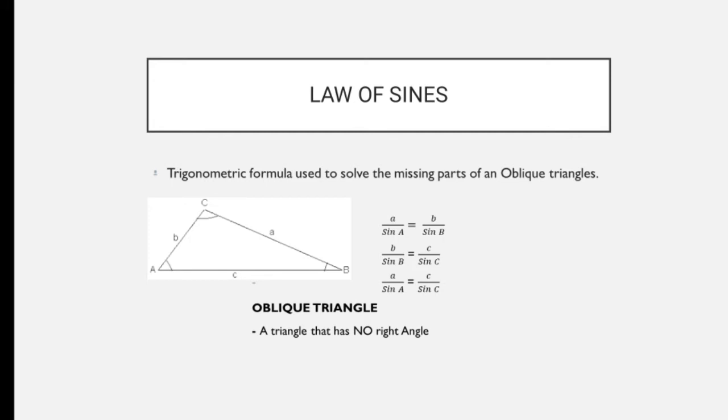So when we say law of sines, this is the formula in trigonometry that we can use to find the missing side of the triangle, even though the triangle is not a right triangle. Now, one of the important things that we should know in using law of sines is the way we write those angles and name the sides.